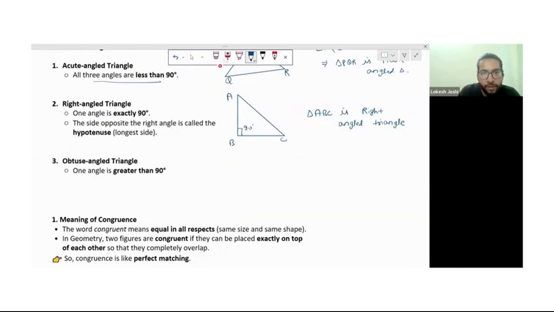And this we already know from previous classes, that the side opposite to the right angle is called the hypotenuse. So AC is the hypotenuse.